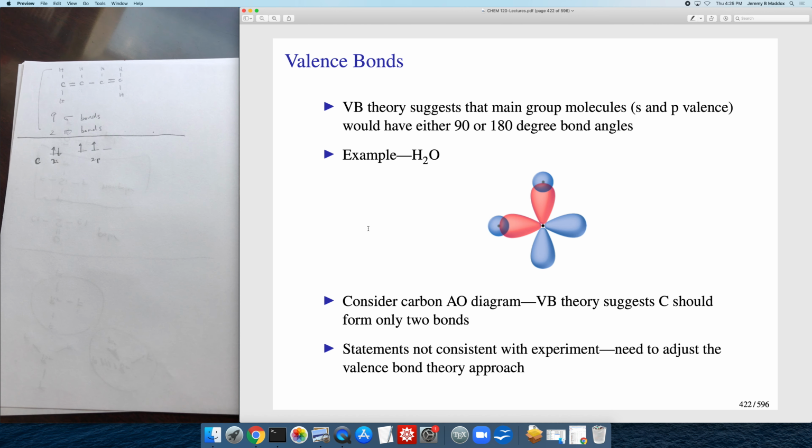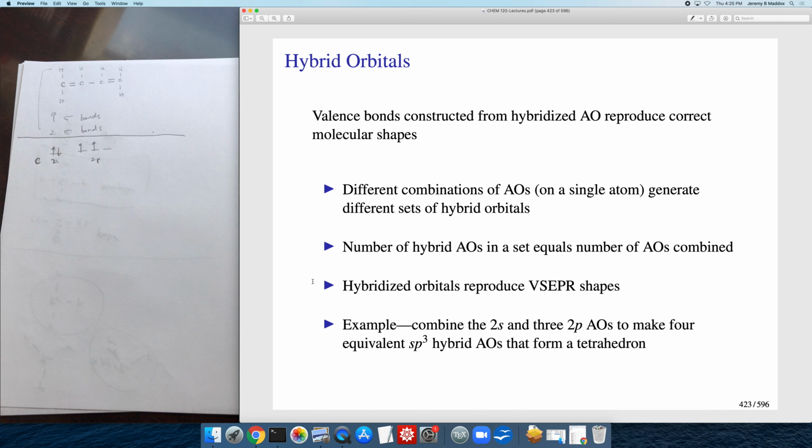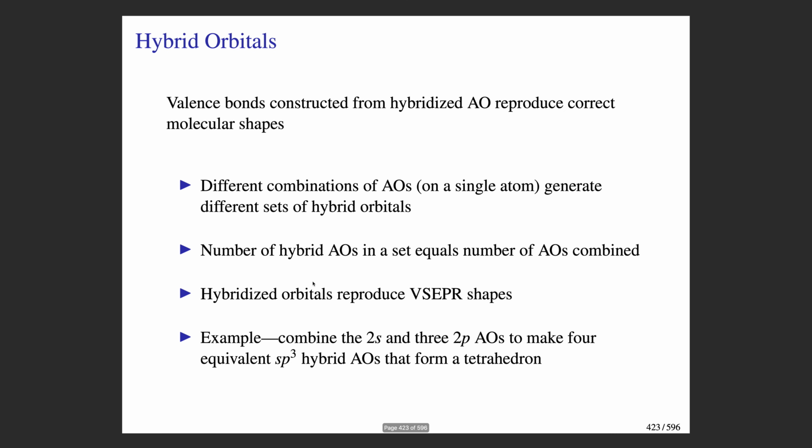So there's something not quite right about the valence bond theory as we presented it so far. We need to adjust the valence bond theory in order to be consistent with what's known experimentally. And that's where this idea of hybrid atomic orbitals comes from.